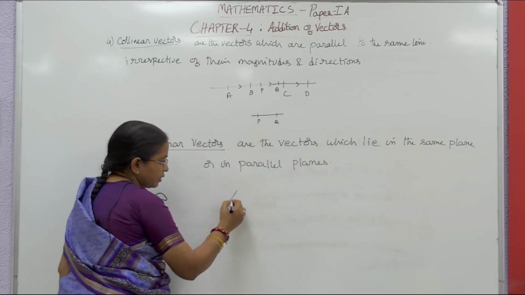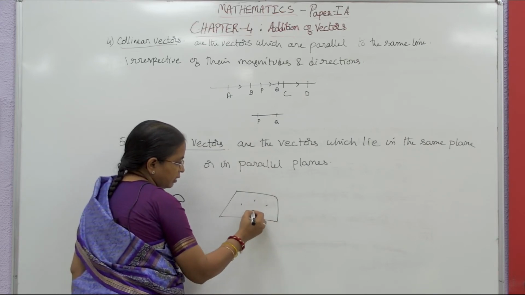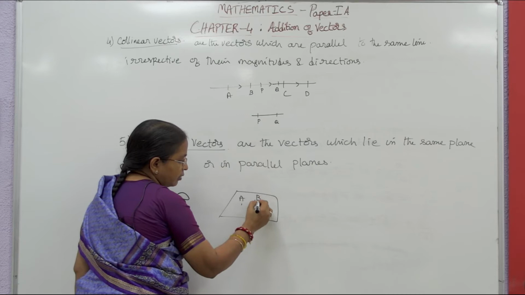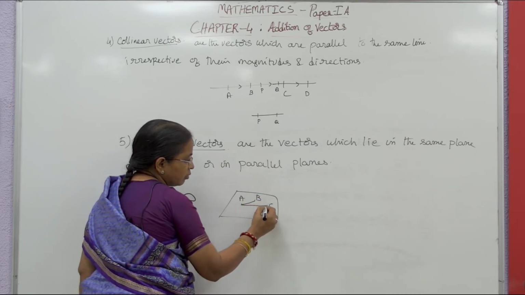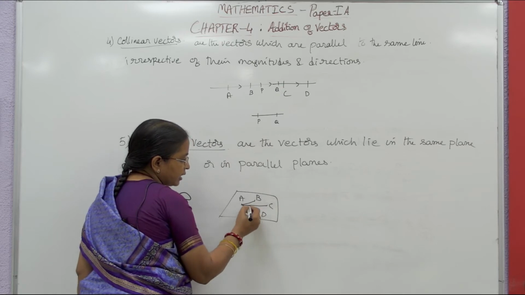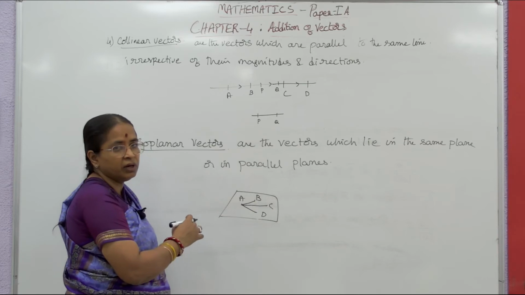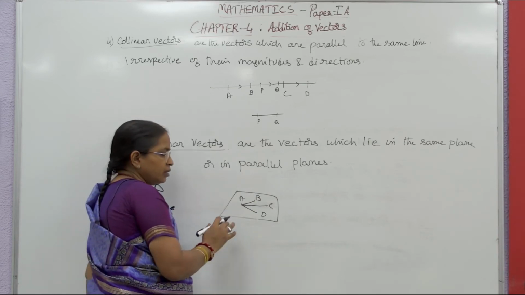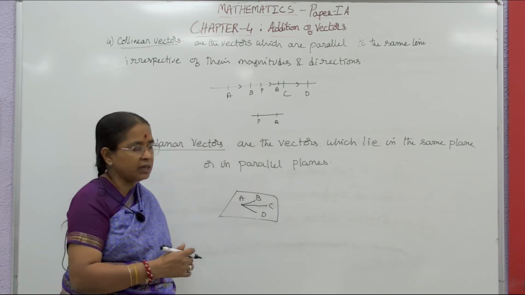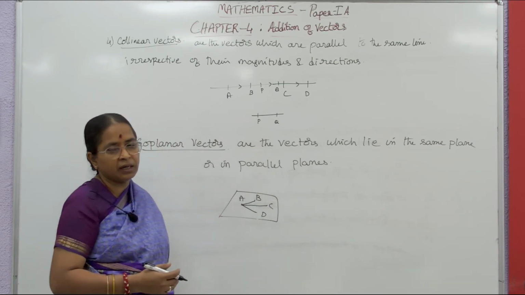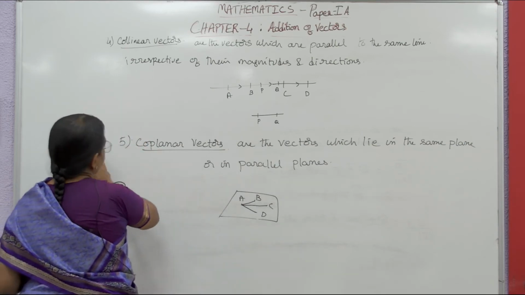Now suppose that A, B, C, D are 4 points. They can be proved coplanar if the vectors AB, AC, AD are coplanar. We'll use this concept in solving problems. The 4 points are coplanar if the 3 vectors AB, AC, AD are coplanar. So this is about coplanar vectors.